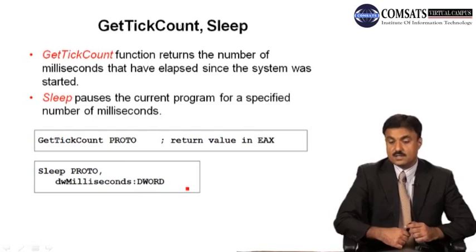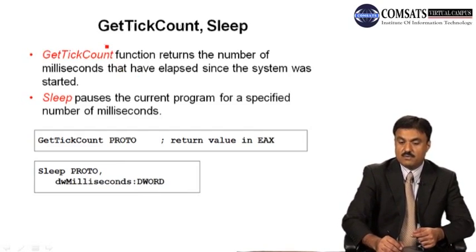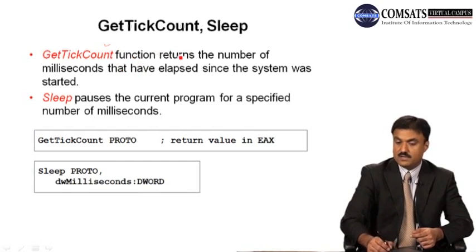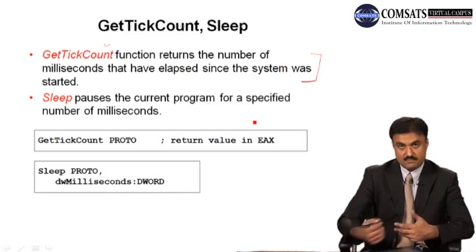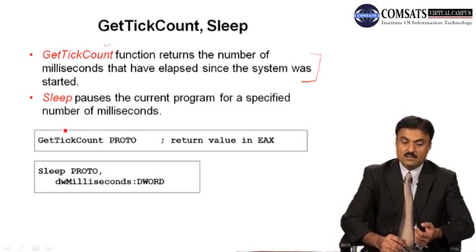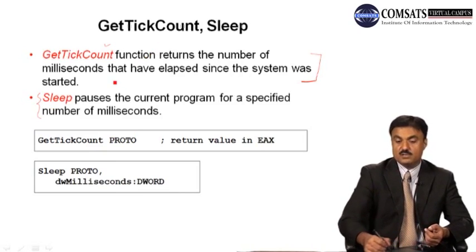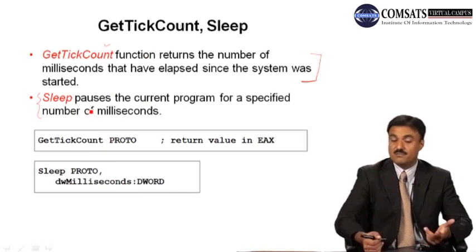Then we have GetTickCount and Sleep. The GetTickCount function will return the number of milliseconds that have elapsed since the system was started. So since the system started, how many tick counts have been completed, it will give you that information. Then we have the Sleep function. It pauses the current program for a specified number of milliseconds.